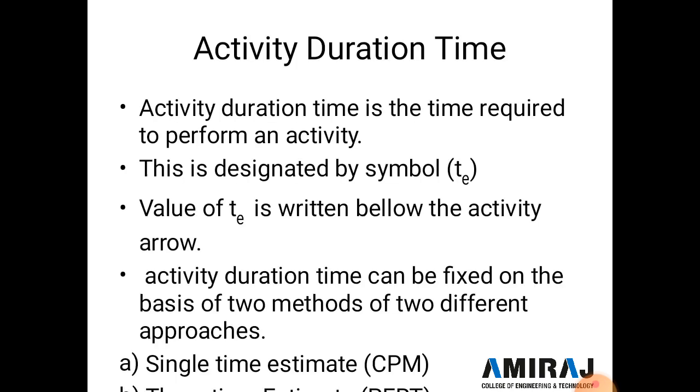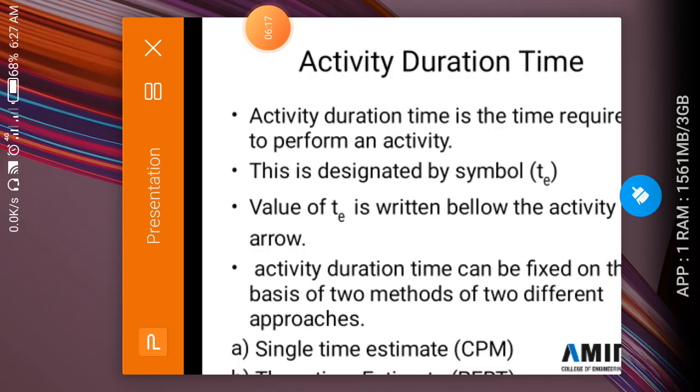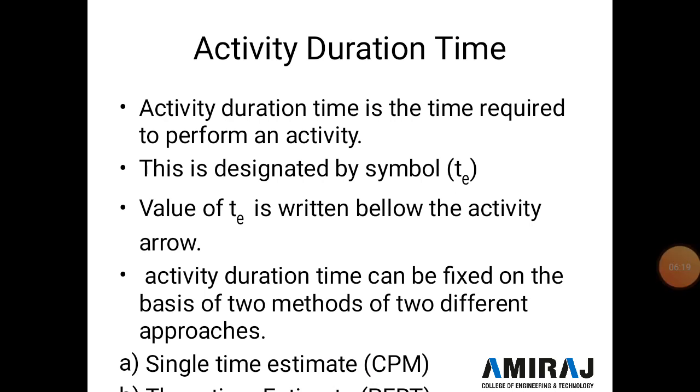Now next is activity duration or time. It's a most important point: activity duration or time. Activity duration is the time required to perform the activity. Like we take one activity, excavation for a foundation. In excavation for the foundation of a 3 BHK bungalow, the required time is 3 days or 4 days.